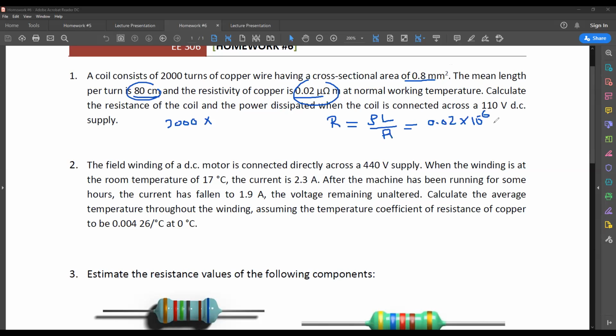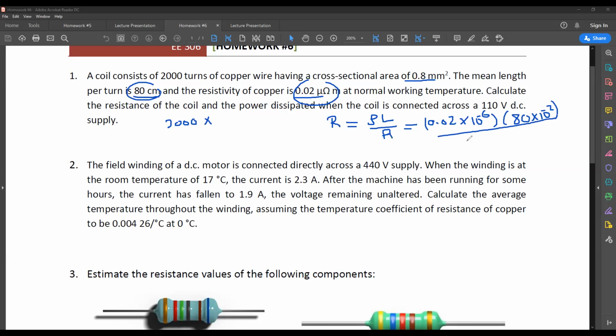L is 80 centimeters, so that is 80 times 10 to the minus 2 meters. Multiplied by 2000.